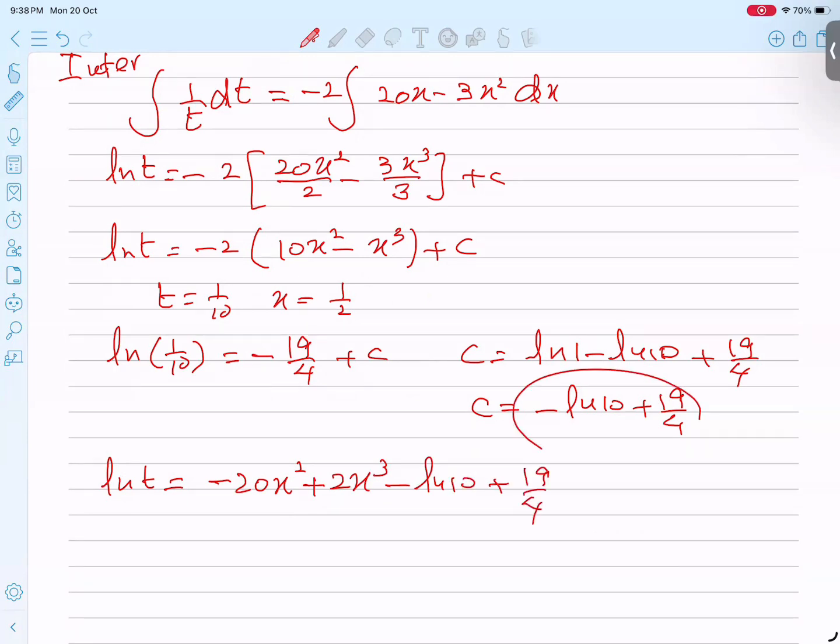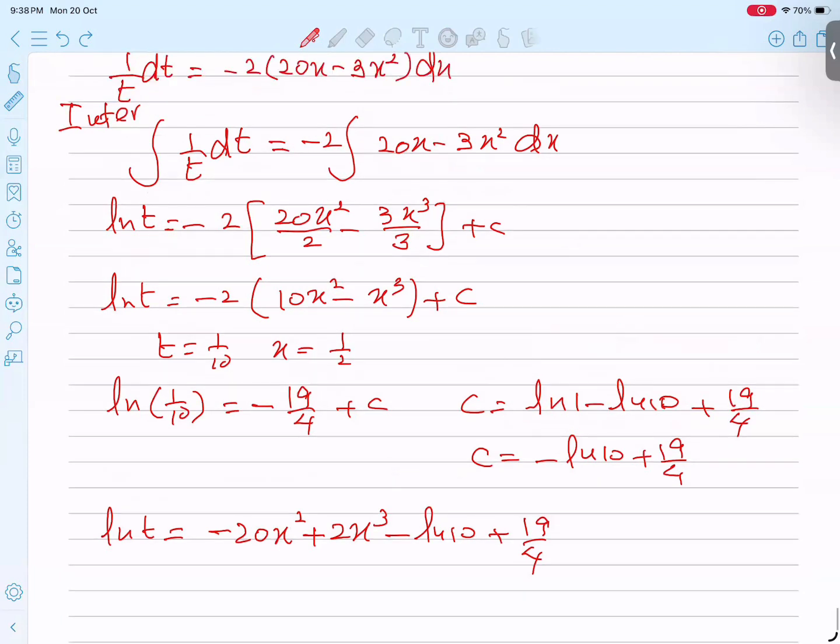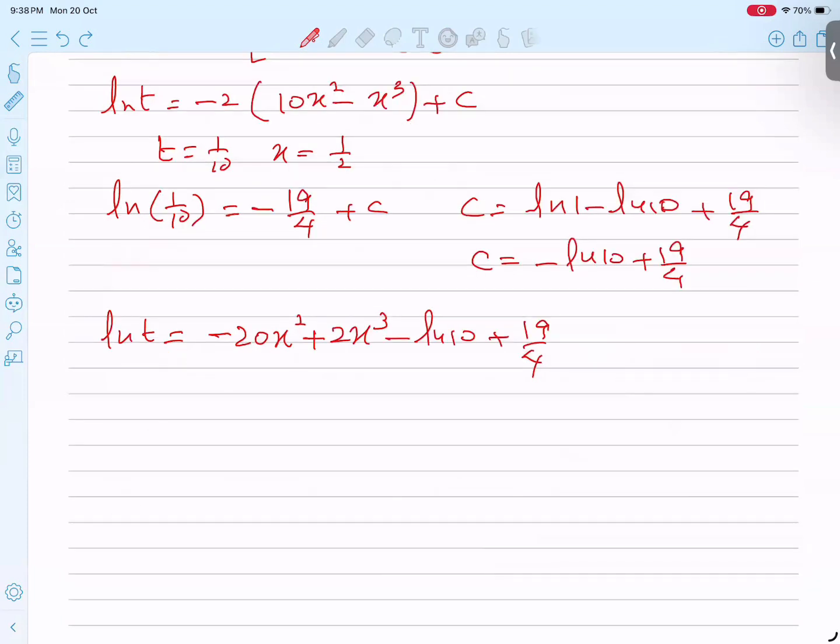So I plug this value in here. Now my task is to what? Okay, let me recheck finally. Okay, x cubed, x squared. Okay, ln 10. Sorry, this is ln 10. Wait, let me check again. ln 10. Okay. So now what is the way to complete the question?